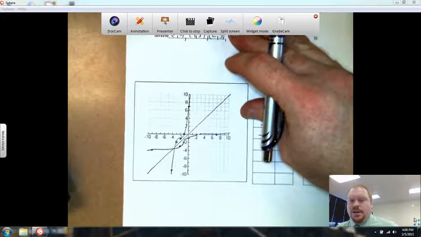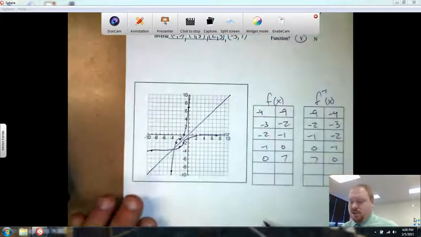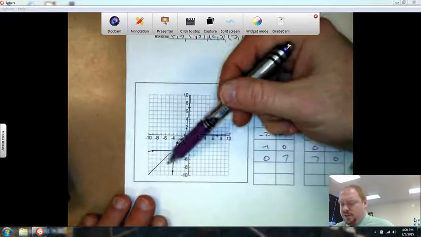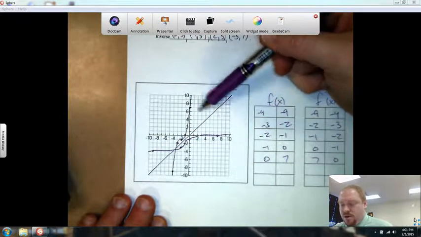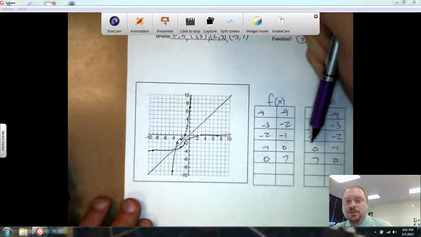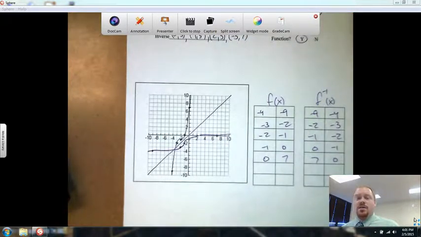And it looks pretty close to these points being mirrored through this line. So I not only know that this is a function now, but I can also feel pretty good that I've drawn a pretty decent graph.